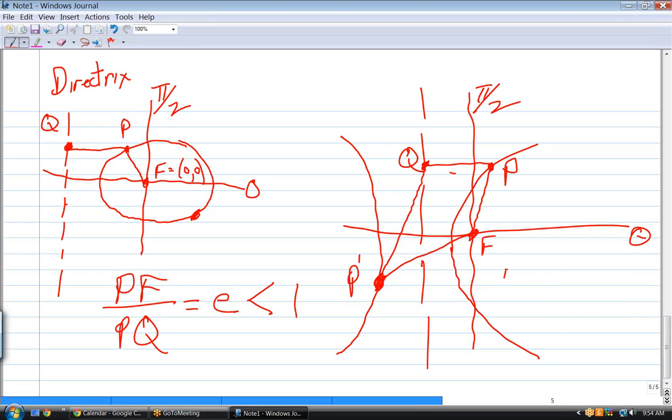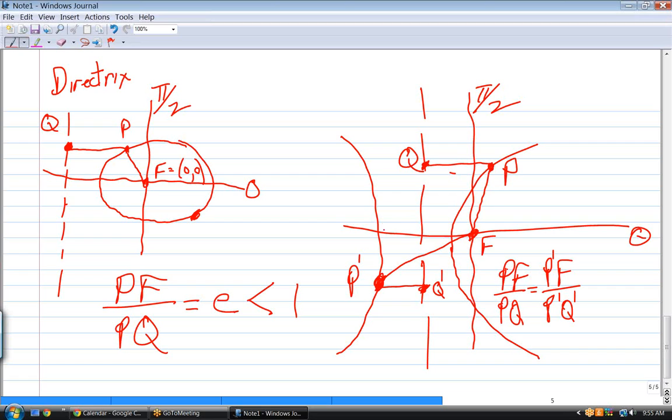I've got PF over PQ is the same as P prime F over P prime Q prime. Why is it a different Q? I didn't draw that right. There's Q prime. Okay, now I get it.